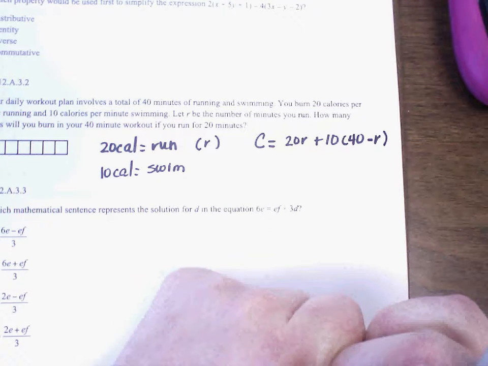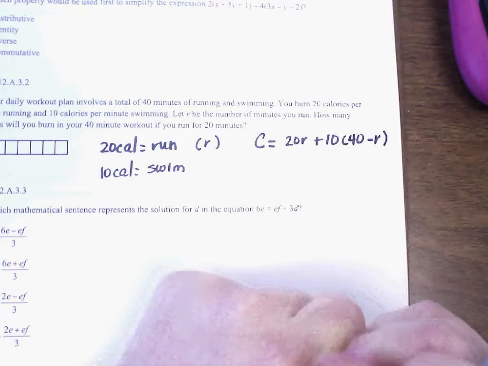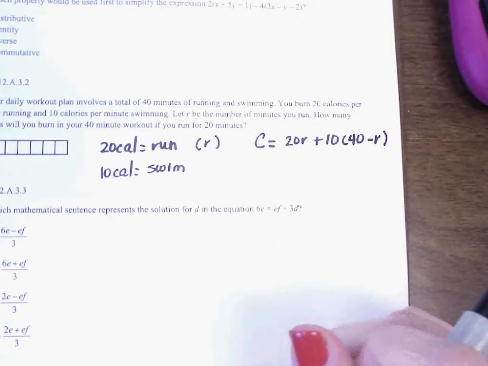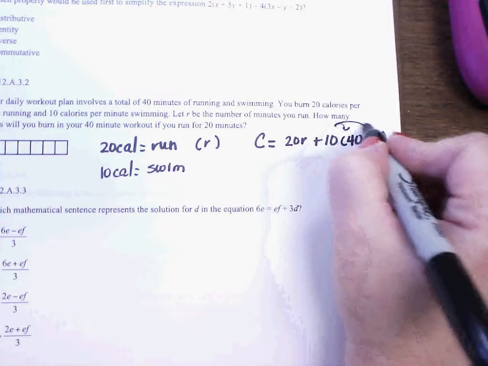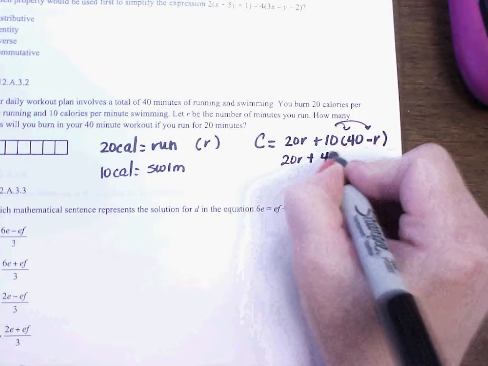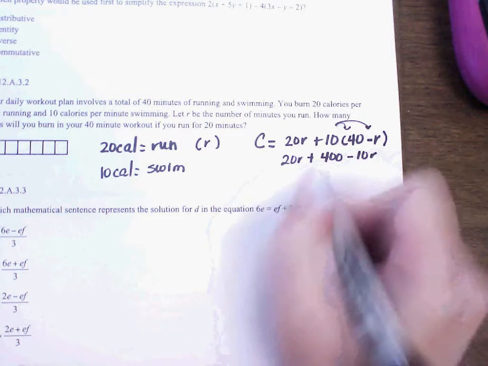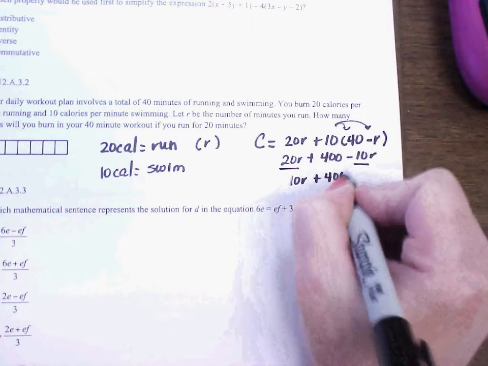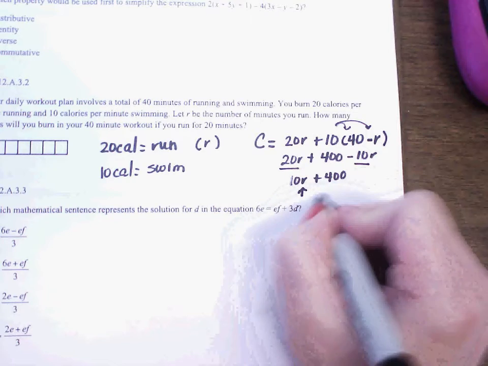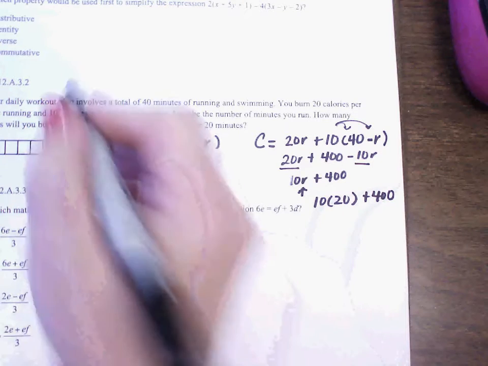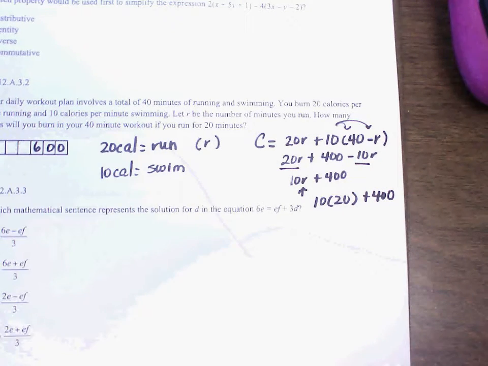And then after that, you distribute. Ten times 40 would be 400. This would be 10R, combined like terms. And then plug in the 20. So 10 times 20 plus 400, and that would be 600.